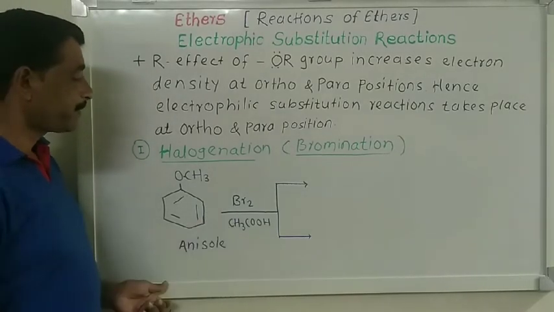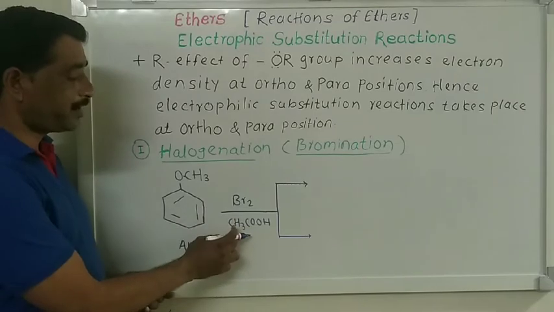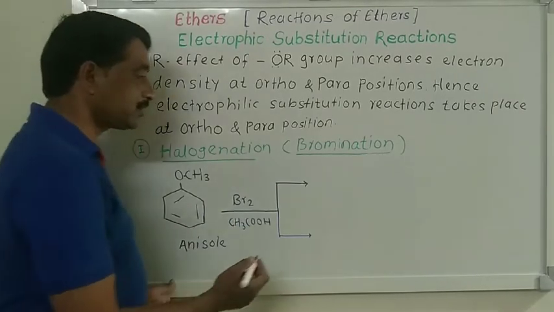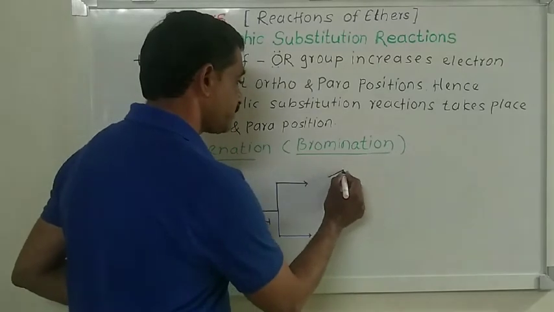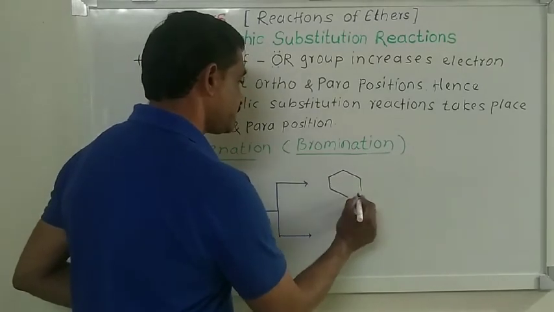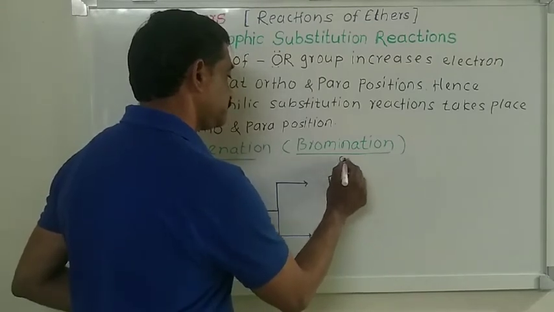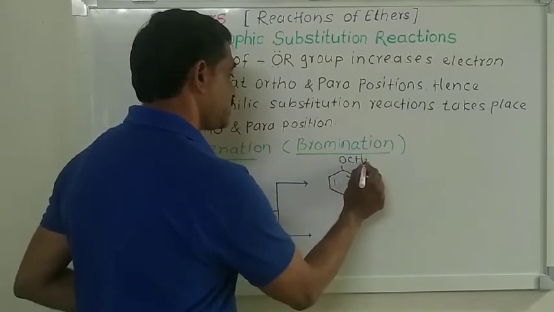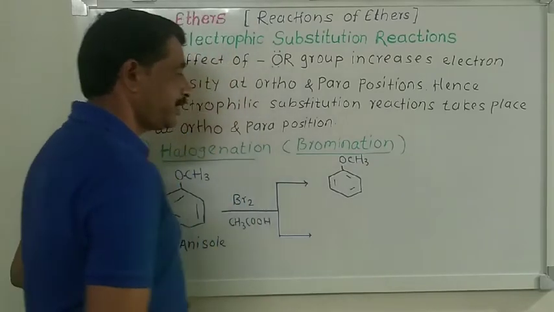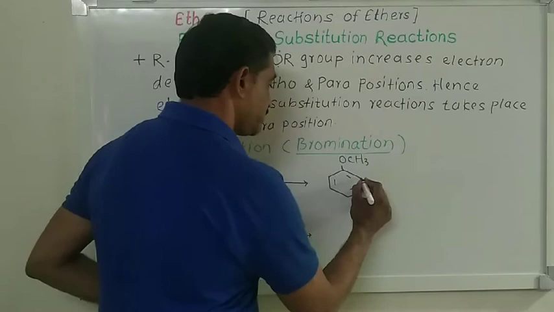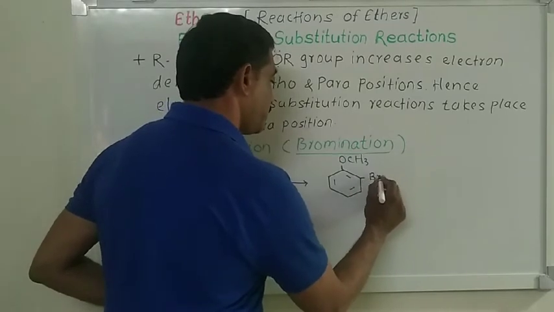Anisole on reaction with bromine in acetic acid undergoes bromination and gives two important products. First one: the OCH3 group remains as is, and the hydrogen atom from the ortho position is replaced by bromine.